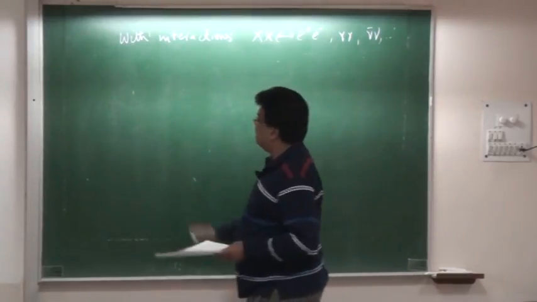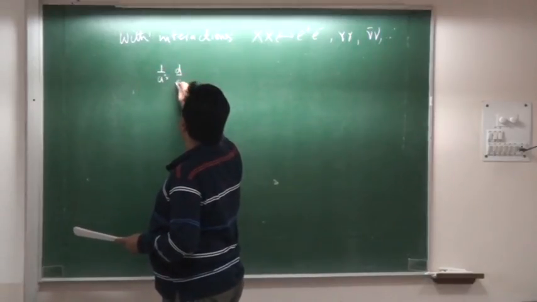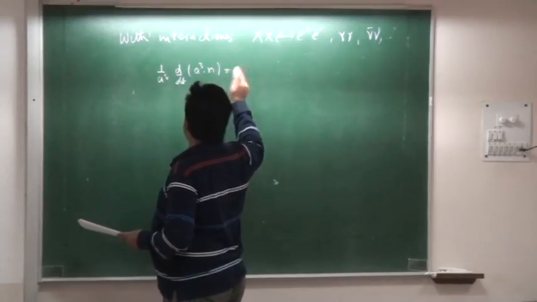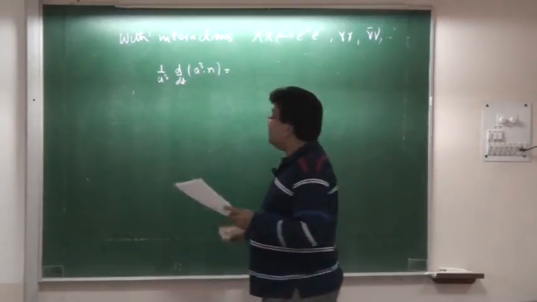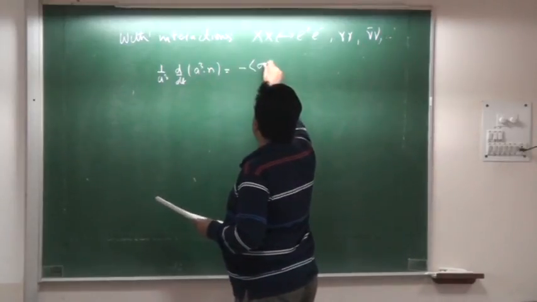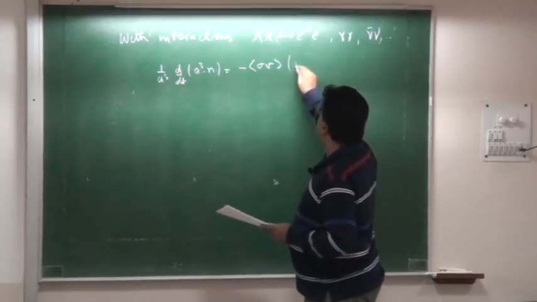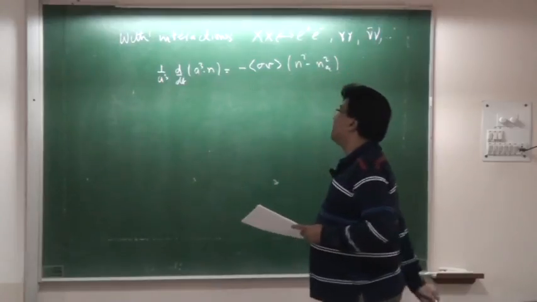Then this equation, 1 by a cube d by dt of a cube times n. The right hand side will not be 0, but it will depend upon what is called the cross section of the interaction times n square minus n equilibrium square.